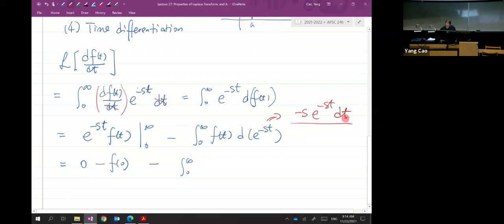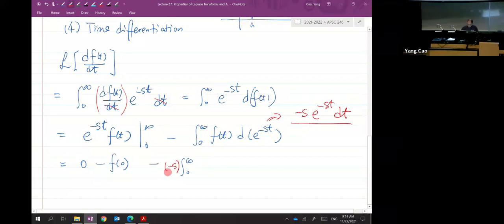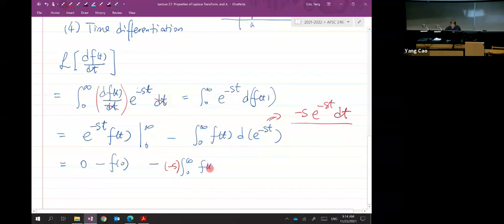You're taking integrals with respect to t, so you can take the negative s out of here. And the negative will become positive. But what's left inside is f of t e to the power negative st dt.